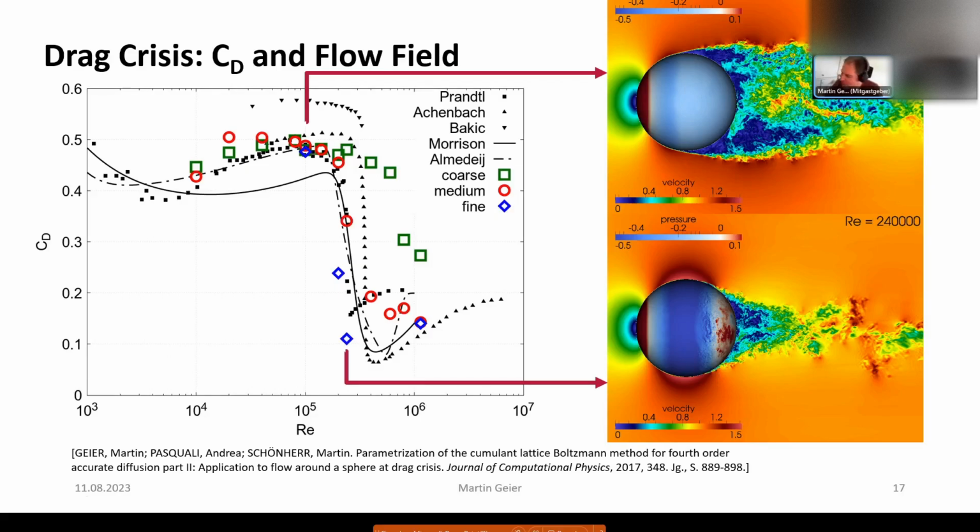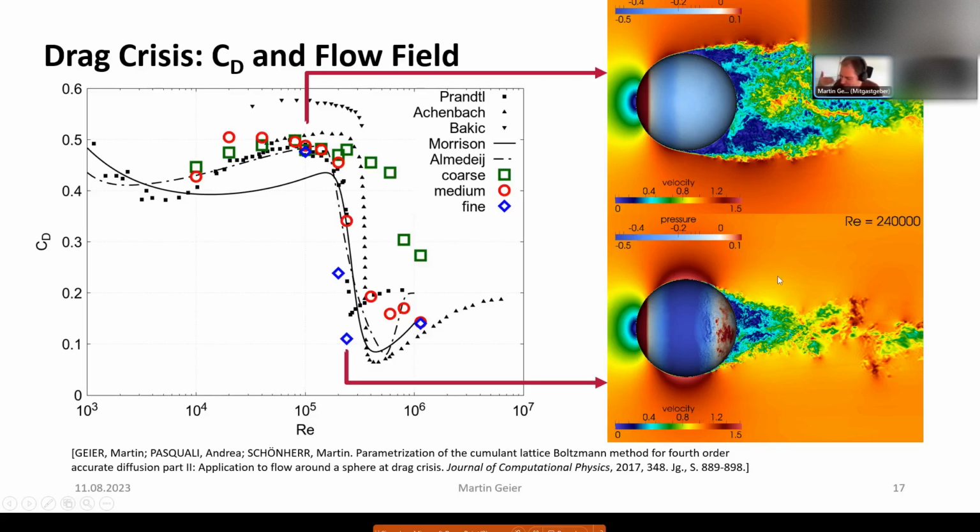Actually, all the turbulence models that we know, if you try to solve this problem, they will just kill this, because they make the boundary layer too thick. Now with this super convergent cumulant lattice Boltzmann method, this is no longer a problem. This is how this came about.